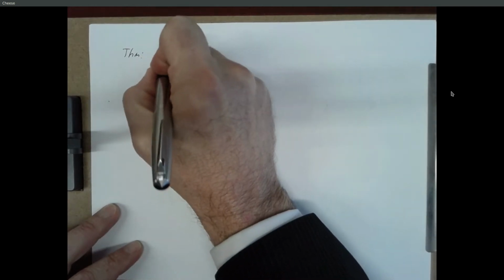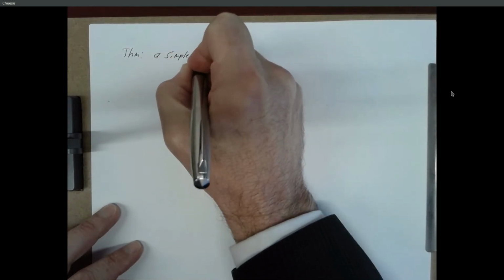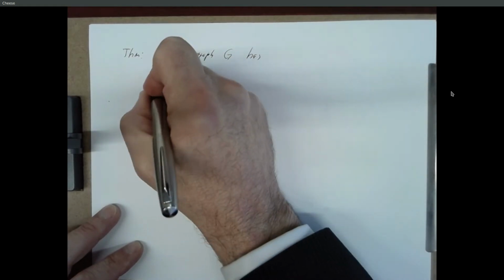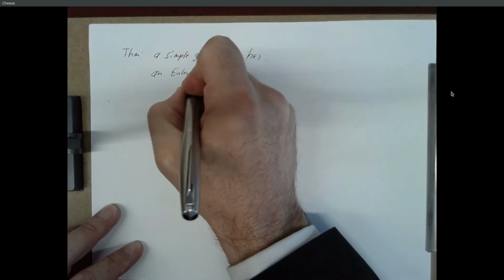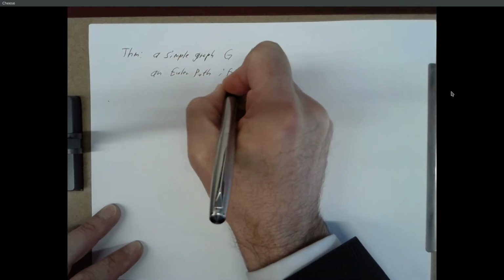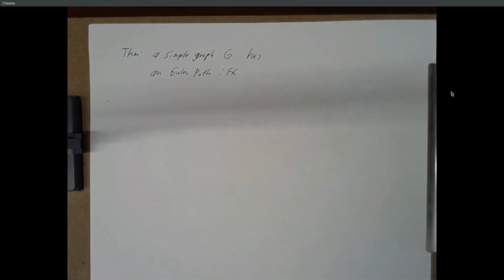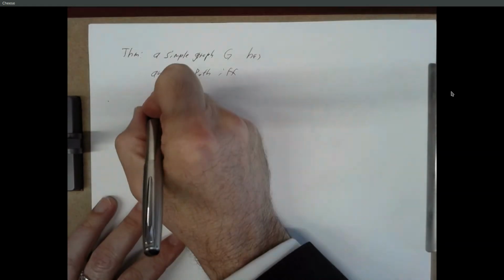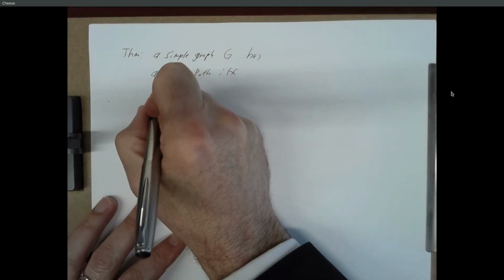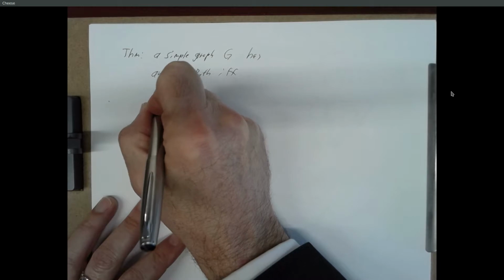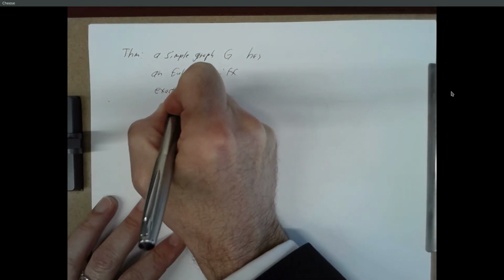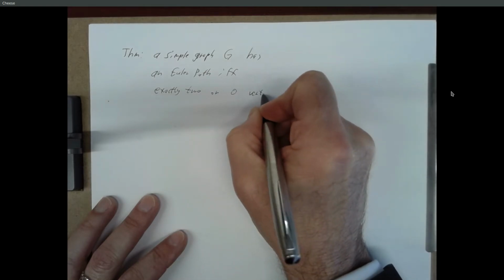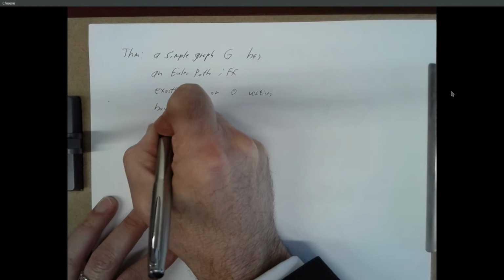A simple graph G has an Euler path if and only if exactly 2 or 0 vertices have an odd degree.